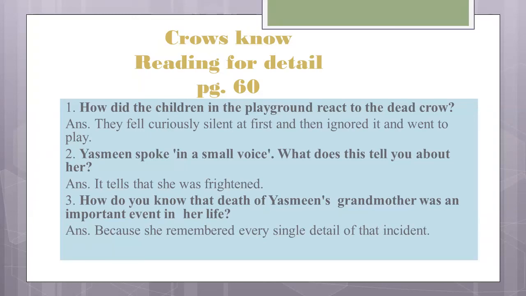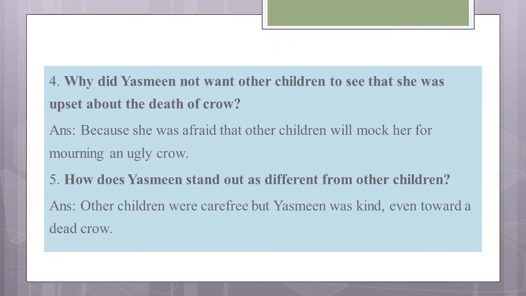Answer is, because she was afraid that other children will mock her for mourning an ugly crow. Question number 5. How does Yasmin stand out as different from other children? Answer. Other children were carefree, but Yasmin was kind, even toward a dead crow. This was all from our book Oxford Progressive English.